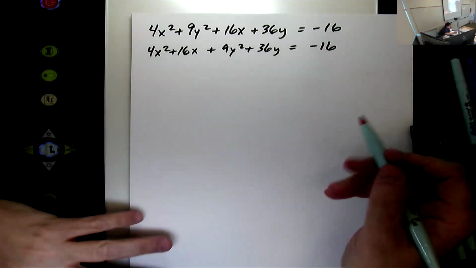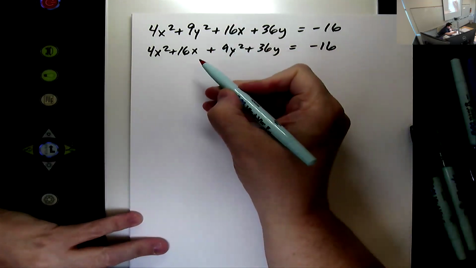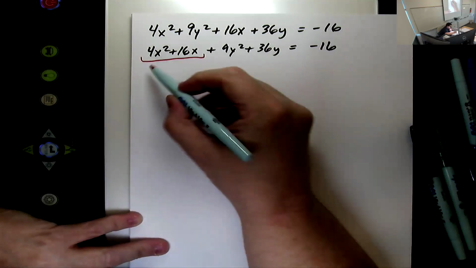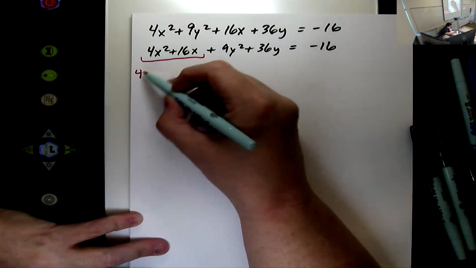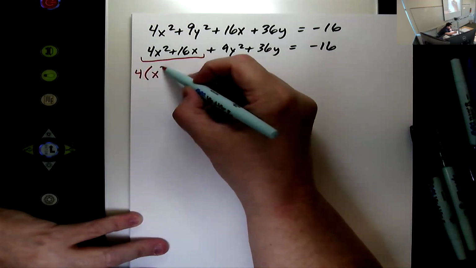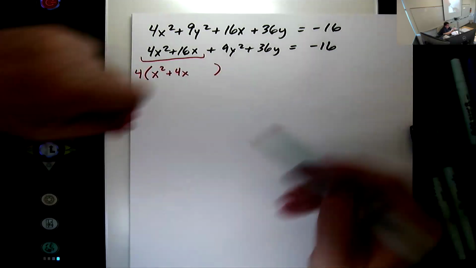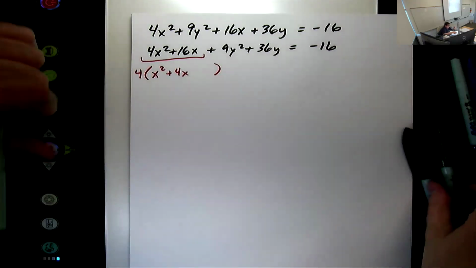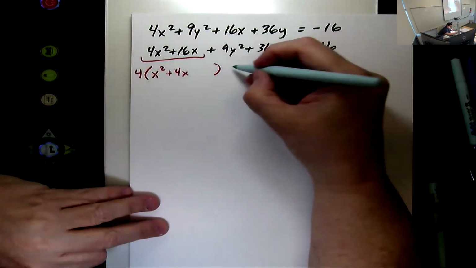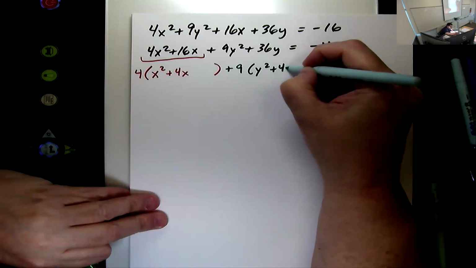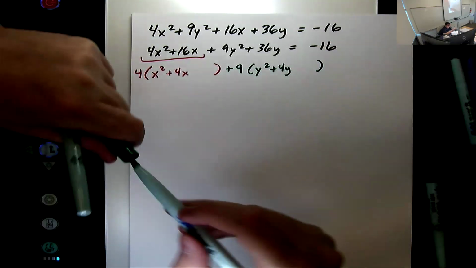Second step, and we've done this a little bit on parabolas, we're going to factor out the coefficient of the x squared term, and then leave ourselves a little gap. I'm going to do the same thing with the y squared term. We'll pull out the 9, and we'll leave ourselves some room.